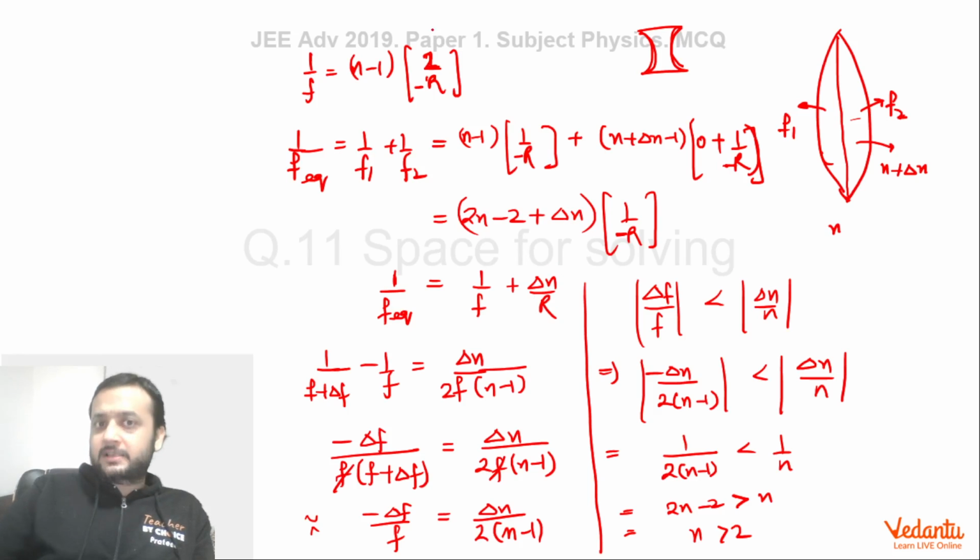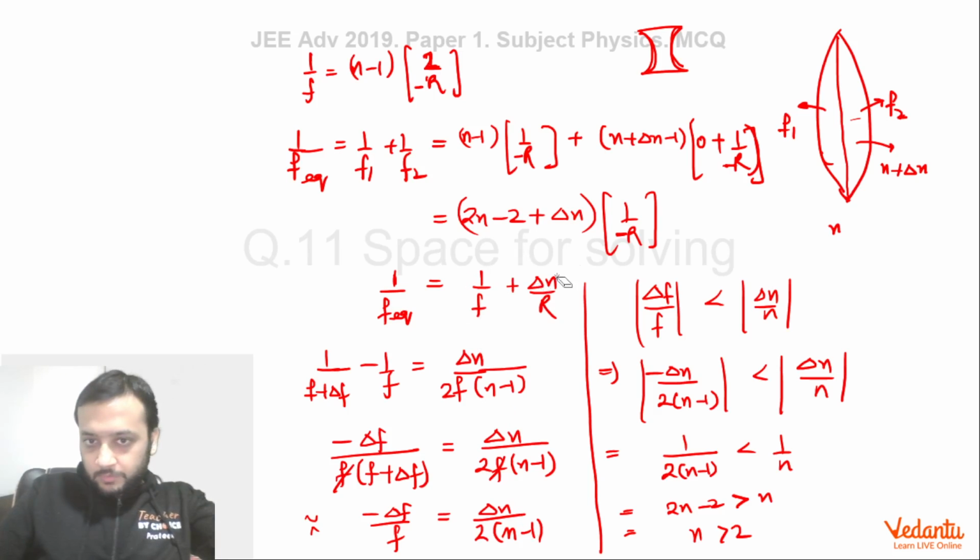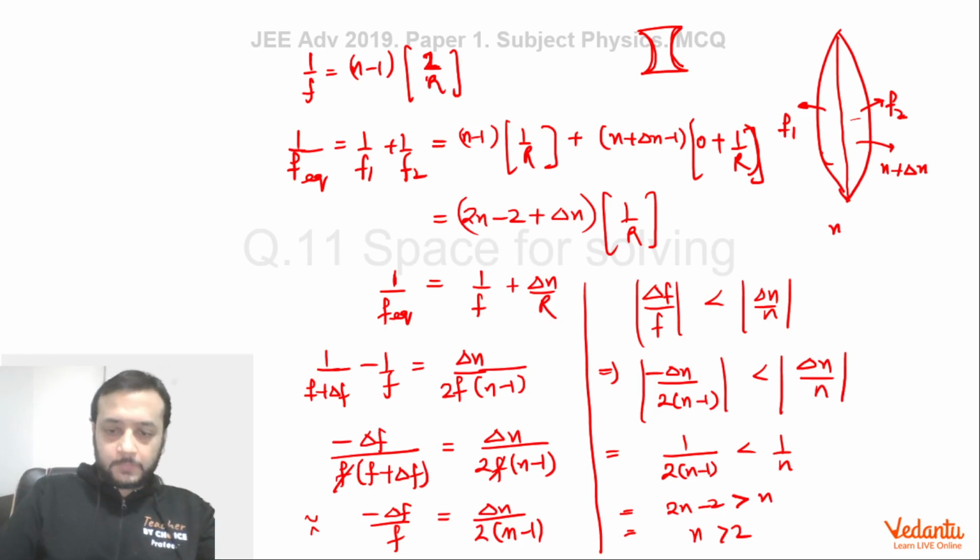Now 1 by minus r again would have been replaced by this whole thing, right? We can put the value of minus 1 by r from here. So can you feel that we would have gotten exactly this relation? All the minus signs would have cancelled. Do this on your own, you will understand what I am saying. All these minus signs will disappear, you will get exactly this relation, and hence the same thing will follow. So I am removing all these minus signs which I have written over here. So we get the same relation, right? So this ends the solution.